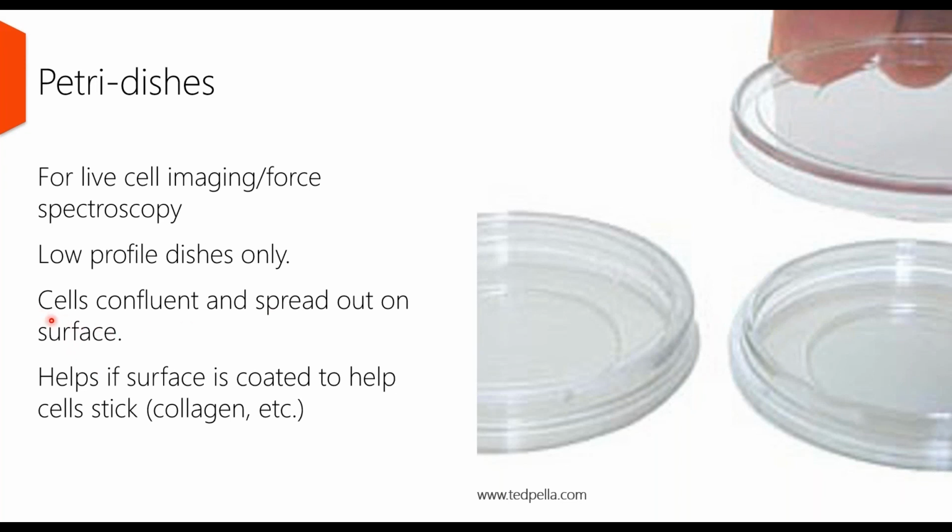You'll also need to make sure that the cells are confluent or spread out along the surface. If they're floating around in the media, it doesn't help. We won't be able to do anything with it. So in that case, if you just have a typical glass or plastic Petri dish, some cells don't like that as much as if you had it coated with collagen or PLL or something like that. So you can coat them with whatever you want to just help the cells stick.